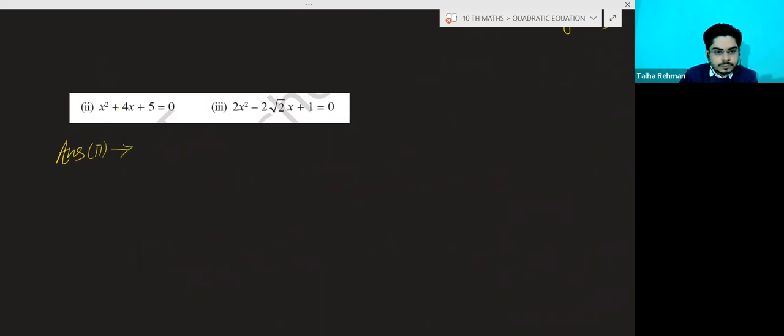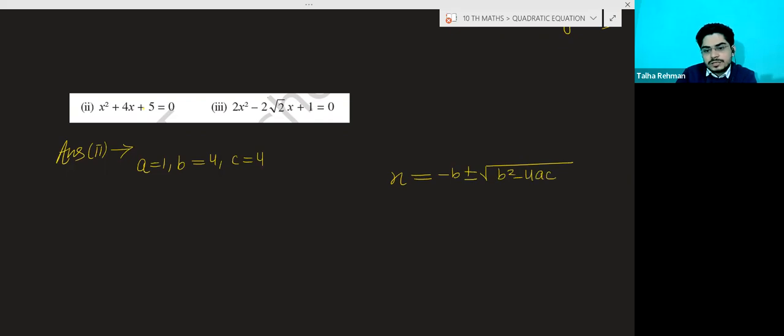Here A is equal to 1, B is equal to 4, and C is equal to 5. For this question, first I am finding, in the quadratic formula we have minus B plus minus under root of B square minus 4AC divided by 2A.